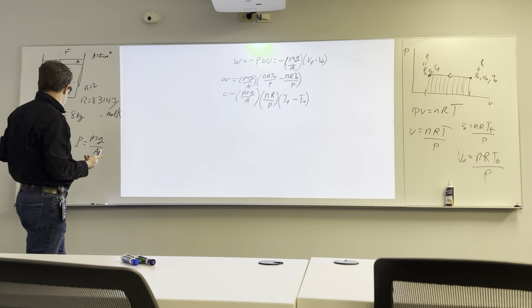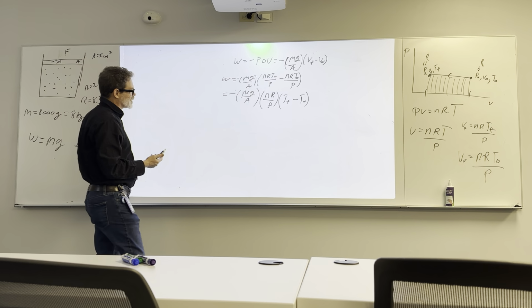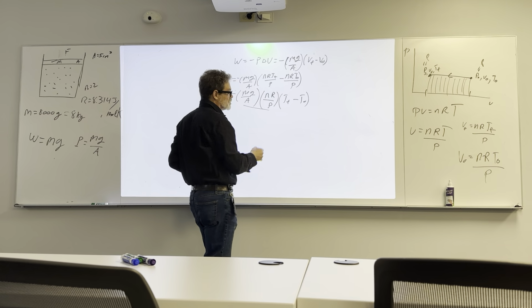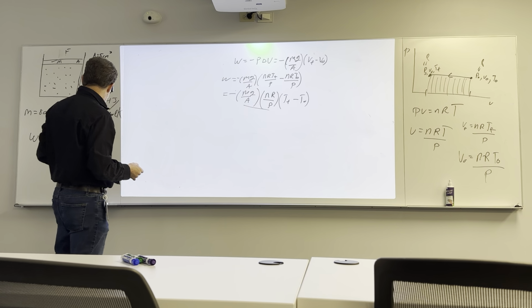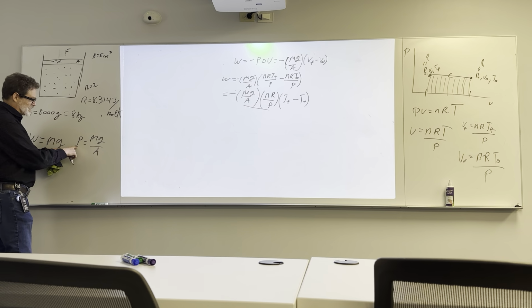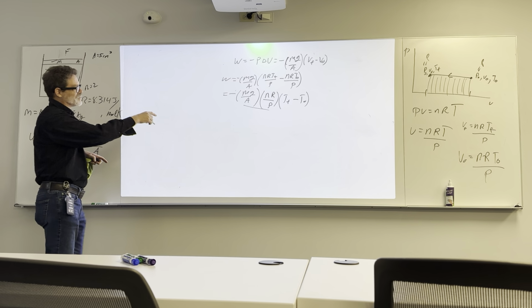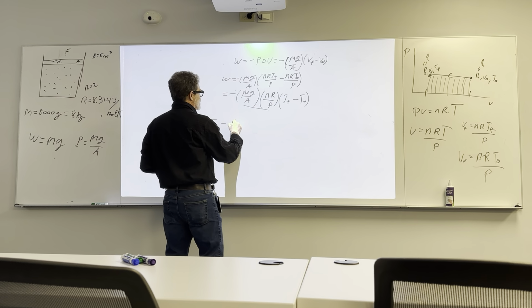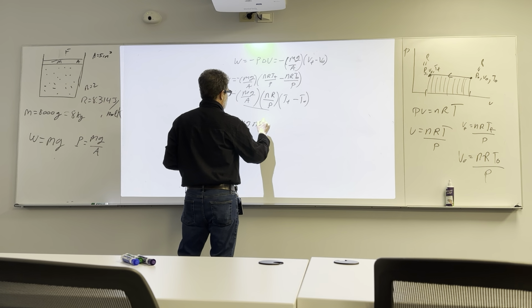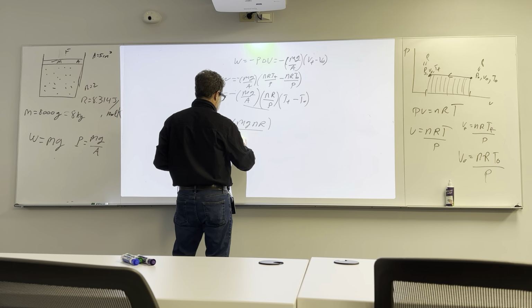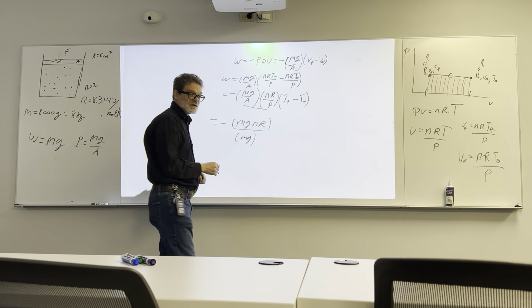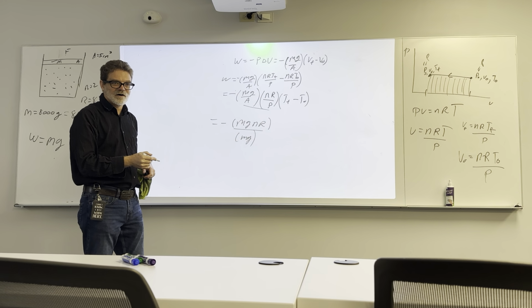But look at this. This is kind of cool. What's pressure times area equal to? Yeah, pressure times area is equal to mg. So I could actually write this as minus mg over A divided by mg over A. You can cancel.